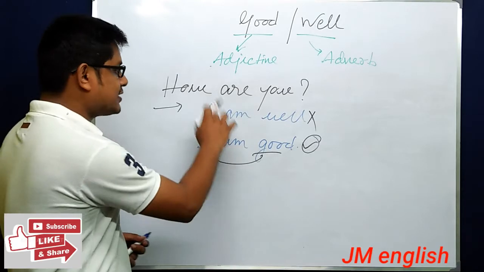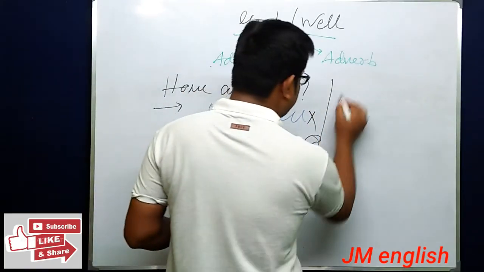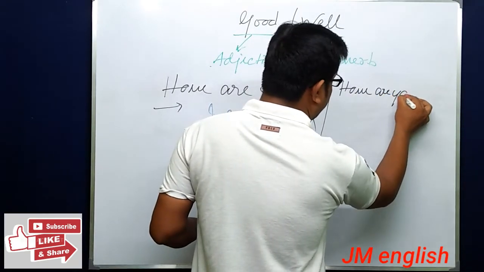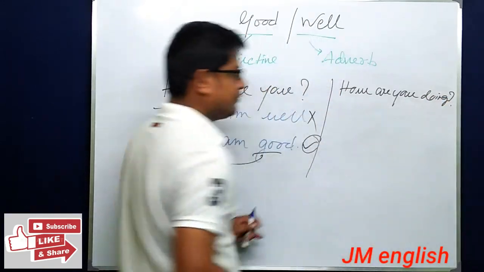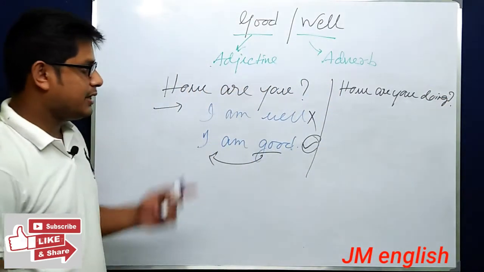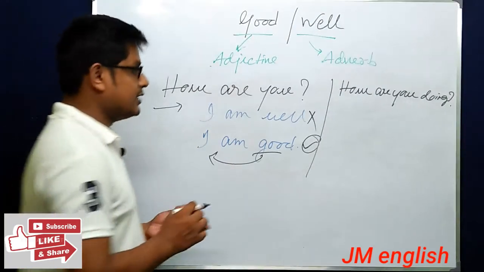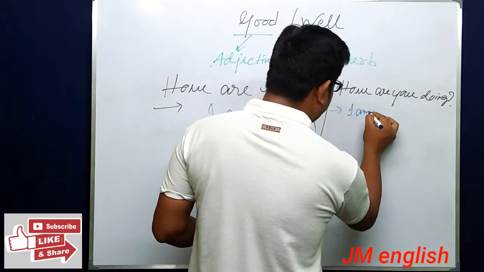But if I ask this question in a different way, suppose I say, how are you doing? The same question; you can use how are you doing in the place of how are you. Then what is your answer?